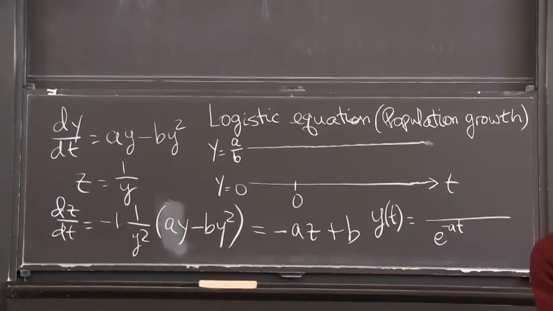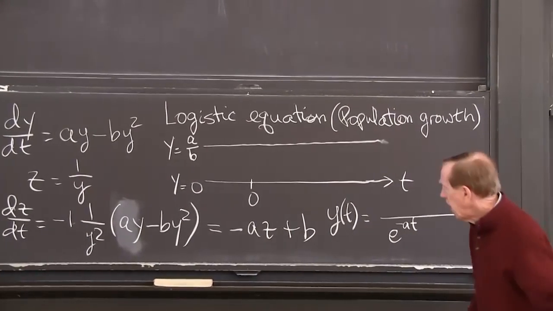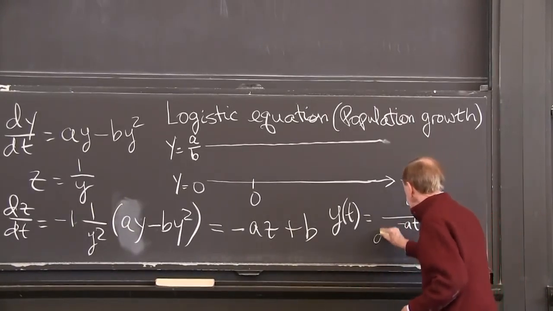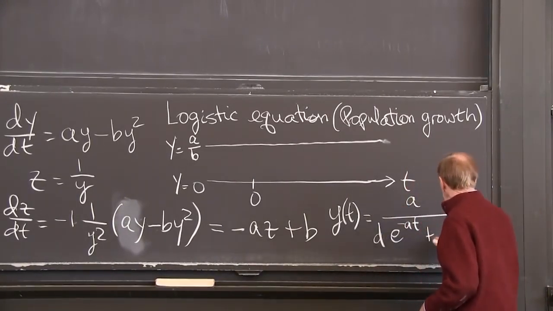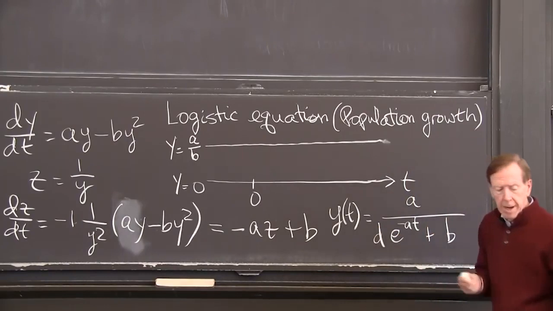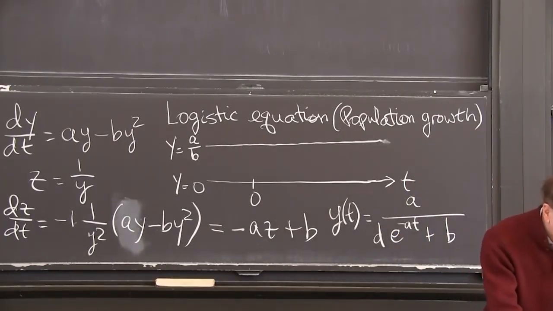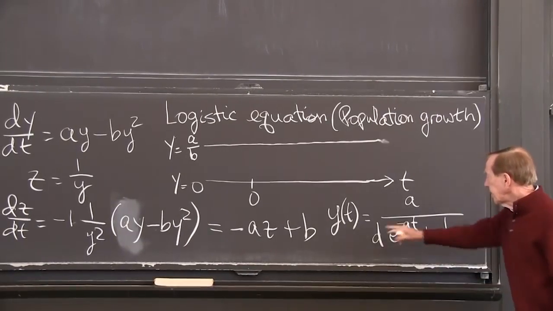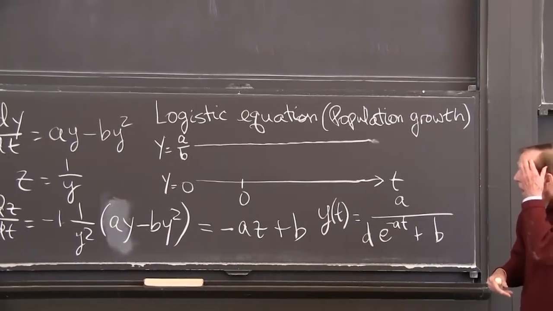Let me get the whole thing correct. Otherwise, these are constants, d here, and b goes there. And I just have to tell you what the d is there. d is going to involve the initial value, y of 0.